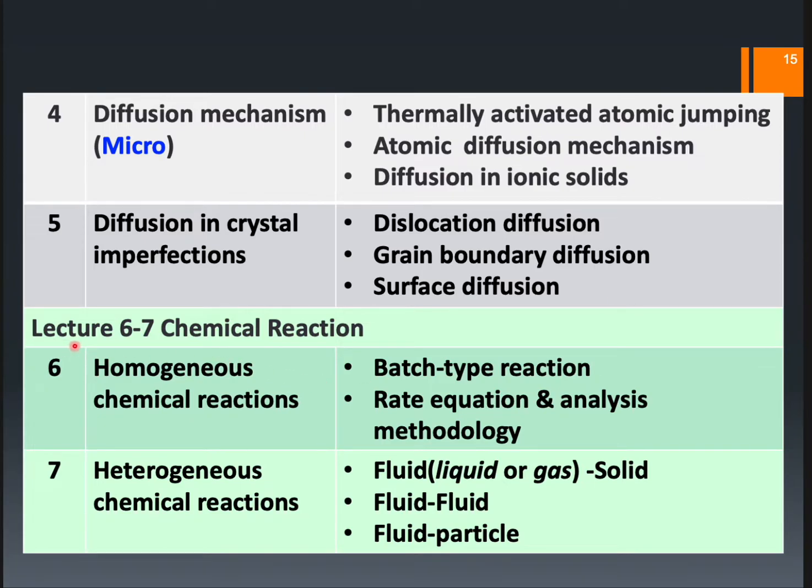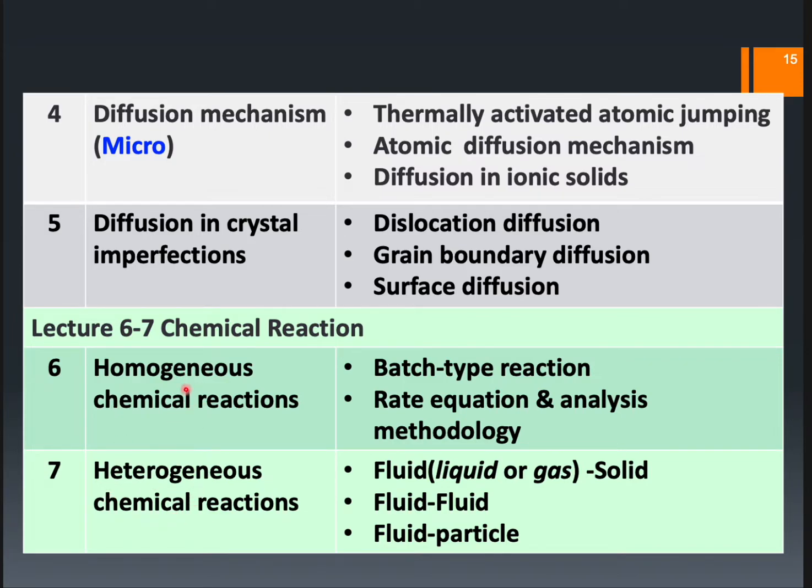So now we are going to move to the second part of this kinetics class. We are going to spend 2 lectures, 6 and 7, to talk about chemical reactions, which include homogeneous chemical reactions and heterogeneous chemical reactions.